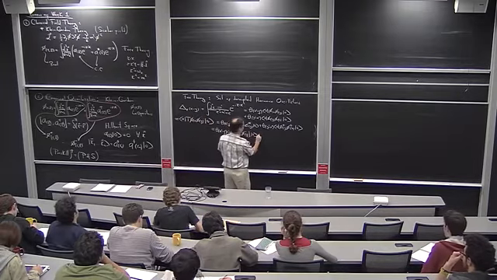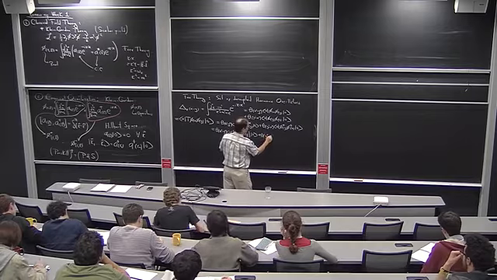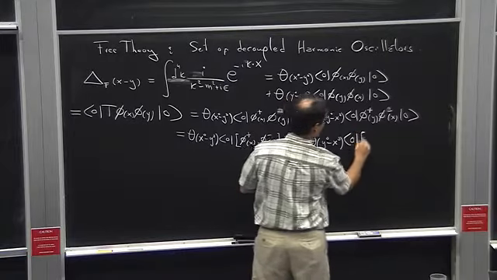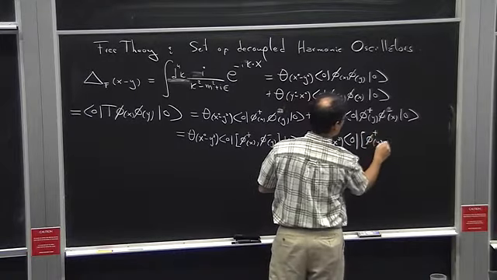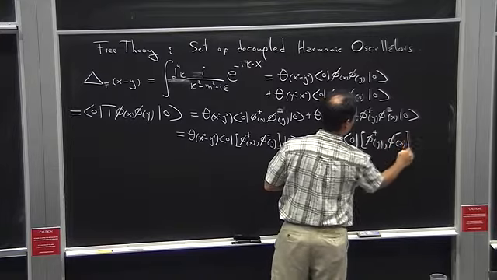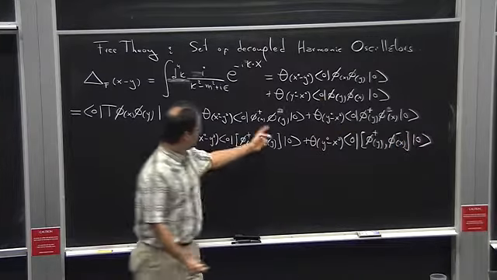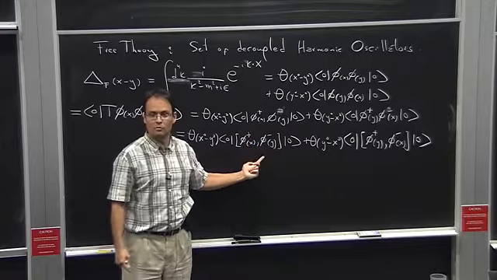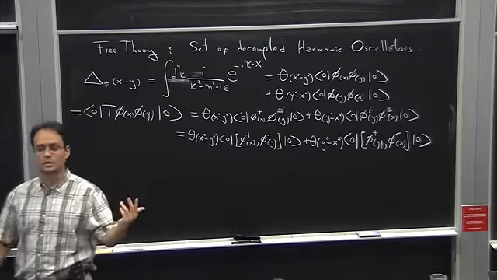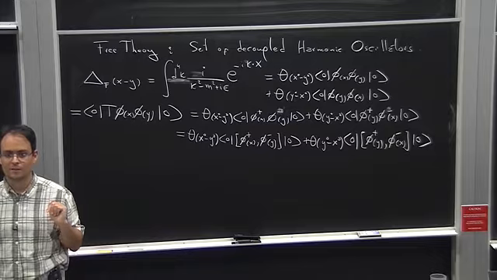Okay. So I'm going to do the same thing here. And I'm going to tell you in a second why I'm doing this. The reason is that I hope you all remember that this commutator is just a number. It's not an operator, right?